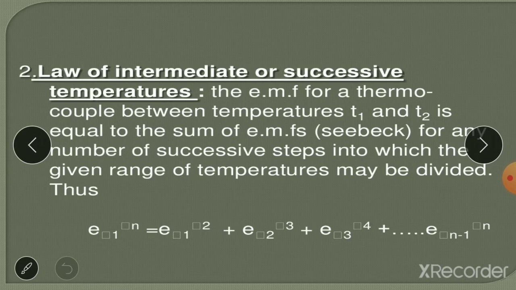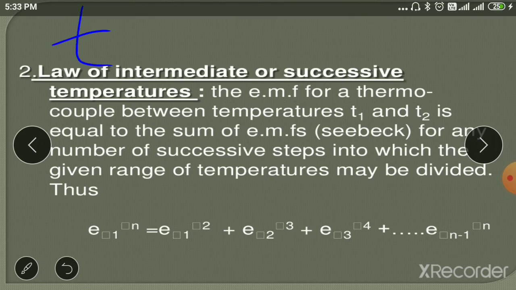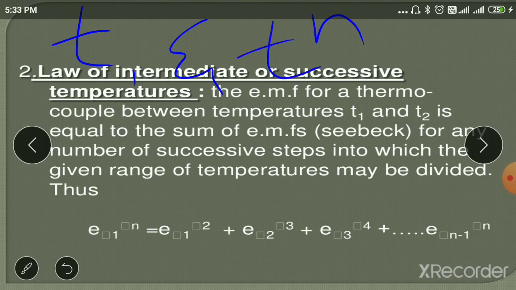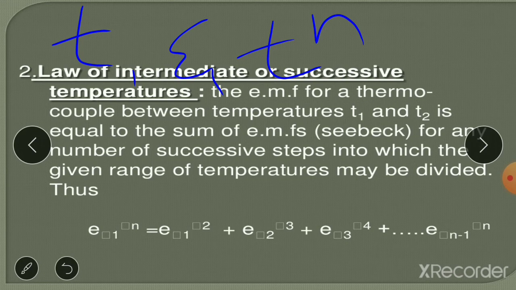So now let's see here. What is the EMF if the temperature is between T1 and T^n, in between T1 and T5? I want the total EMF between a temperature T1 and a temperature T^n. That is nothing but E, the total EMF, written as E[T1, T^n] inside the square bracket.